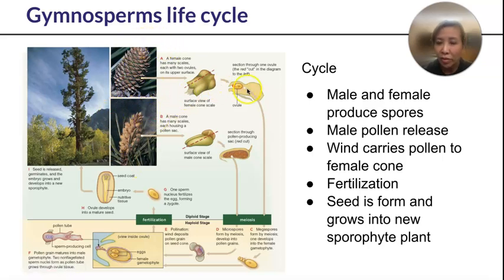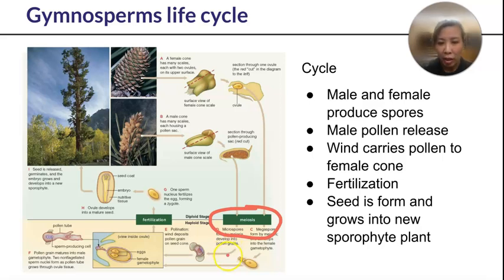Both of these will undergo meiosis in order to make gametes. You have the female gametophyte, which is going to be the egg, and then you have the male gametophyte, which will be the sperm, aka the pollen grain.